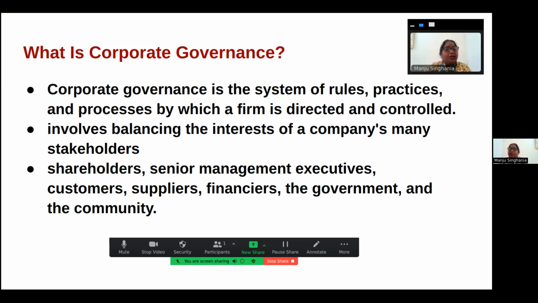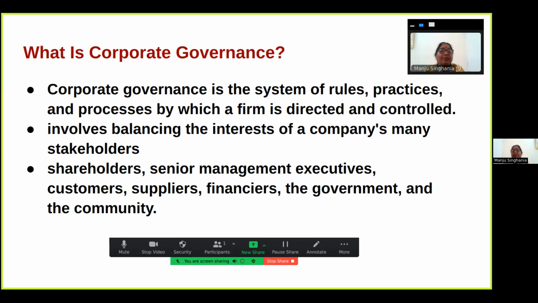What interest rate is offered by the bank, and how it is governed by the RBI, are rules, practices, and processes by which a business organization is directed. RBI provides the direction for the banking sector, and RBI checks whether every bank is following the rules and regulations or not.